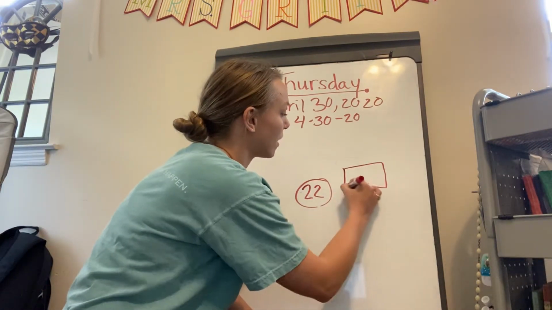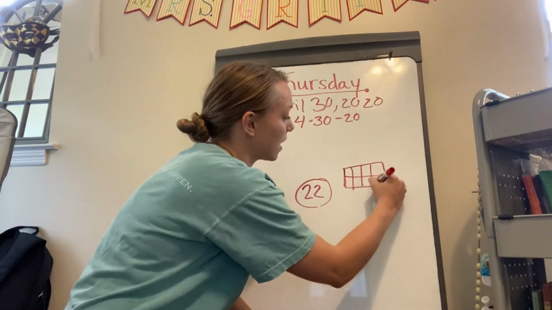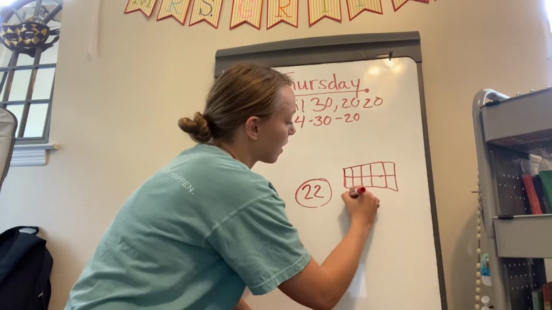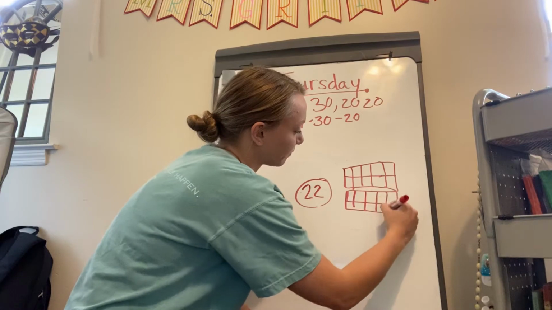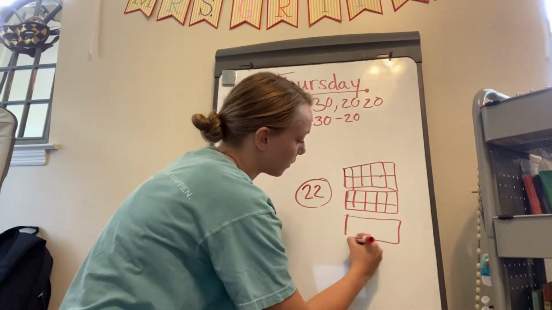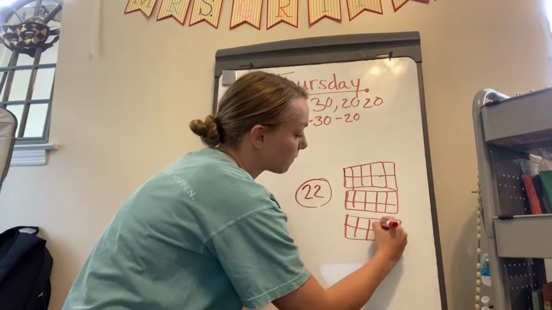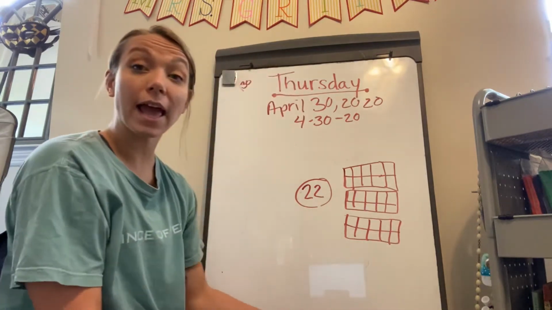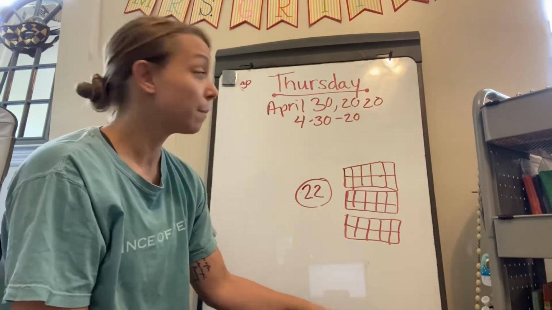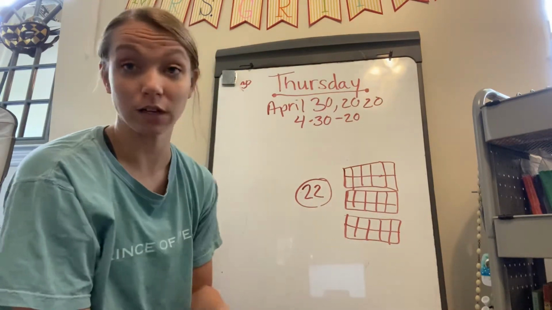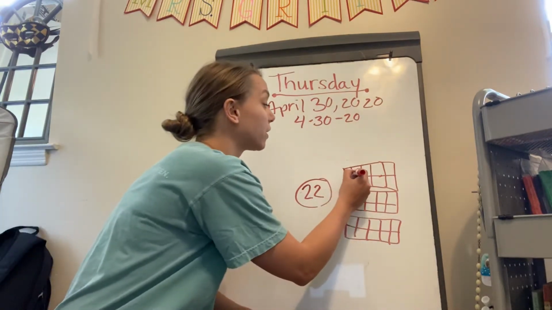We need 3. I have 1 group of 10. I have 2 groups of 10. And 3 groups of 10, which I'm not going to fill all the way, but I am going to have to put my leftovers somewhere. I can't just leave them out because it's 22, not just 20. So let's fill those in.